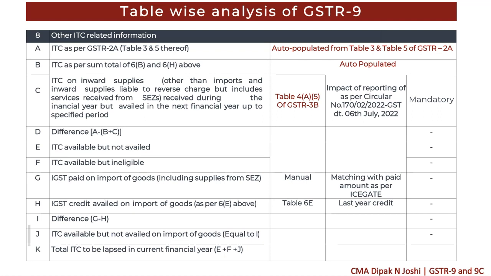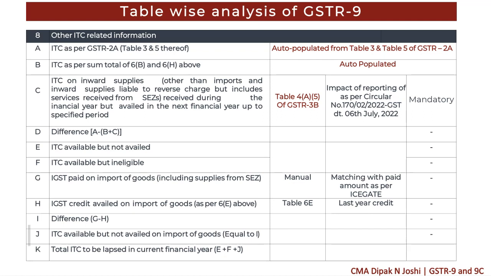So for financial year 2022-23, details of 8A is updated on 30th November. From 1st November, figures which are uploaded by the supplier till 30th November are now auto-populated in table 8A of GSTR 9, right?